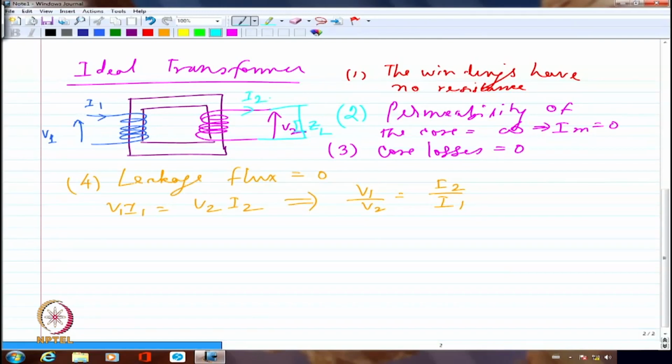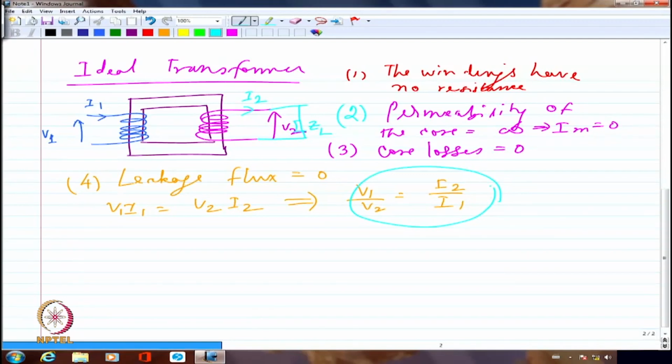Now I can say the power on the secondary side is V2 I2 cos phi 2. If I say ZL is purely resistive, I can directly say V2 I2 is the power. And V2 I2 equal to V1 I1 if I neglect all the losses, from which I can definitely say this is true.